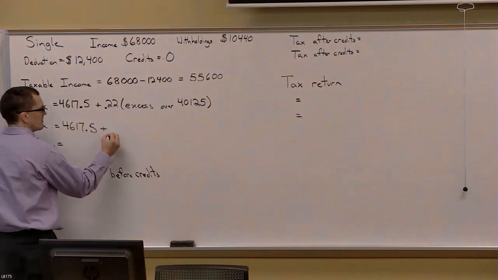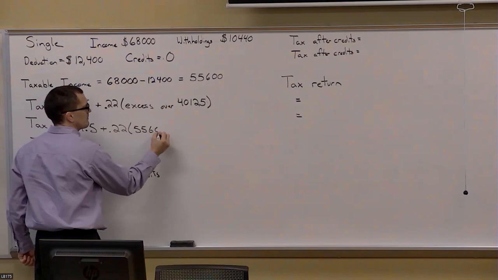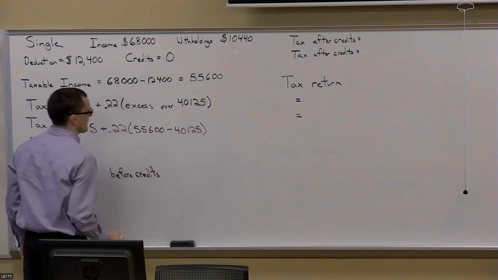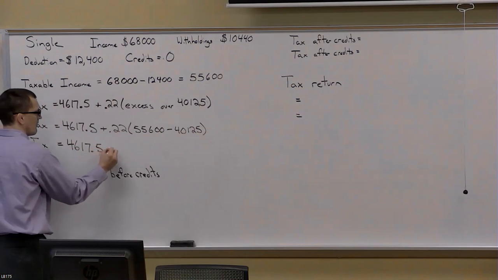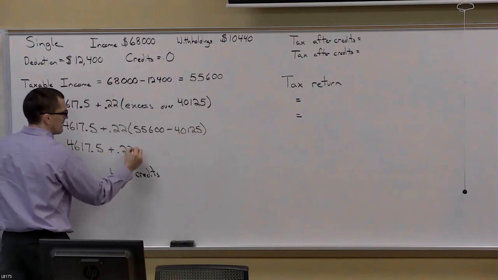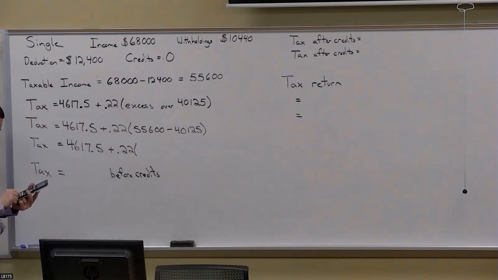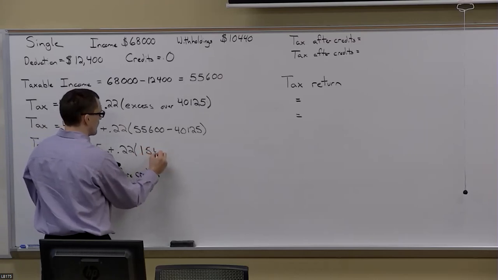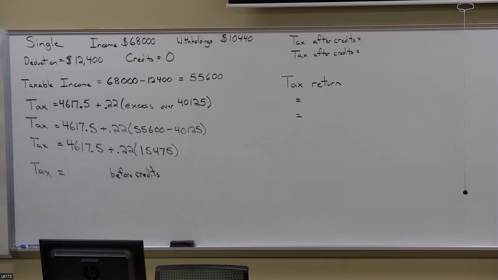Again, this part is all the same as what we had previously. I take the taxable income minus the 40,125. Actually, I didn't calculate this yet. Should have, but I get 15,475. That's the amount that's taxed at 22%.